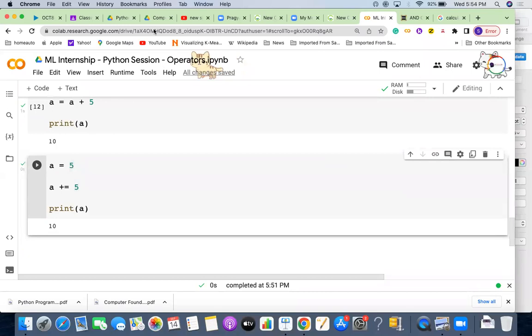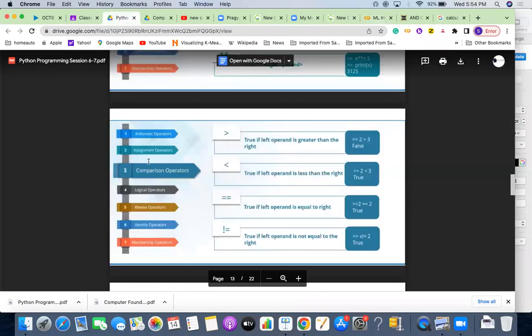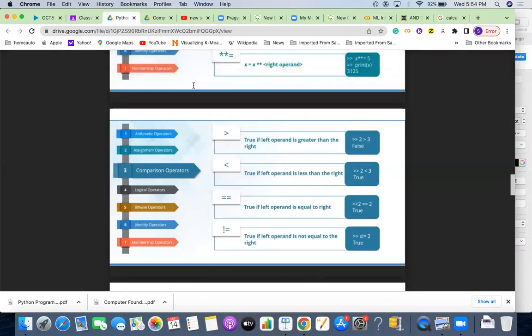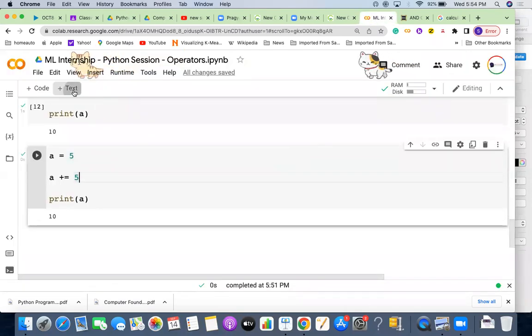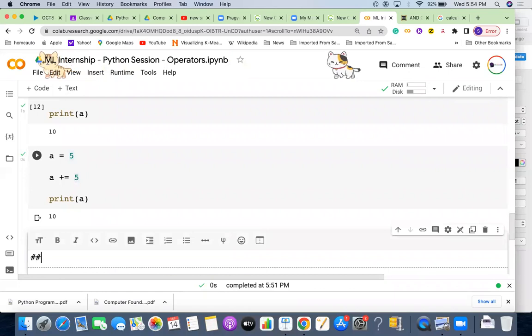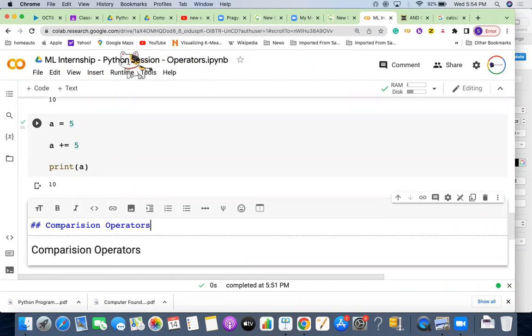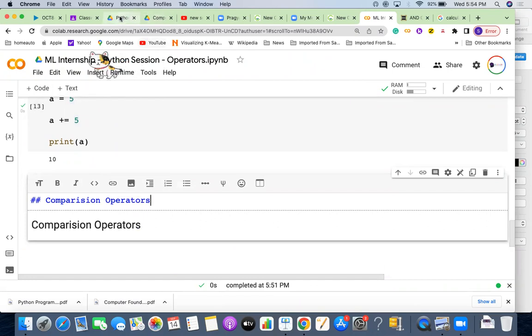Fine. Okay. So now we move to the comparison operators. What are comparison operators? The name itself says it, and if you understand basic English, you understand the meaning. Any question? Okay, which operators are supported in comparison operators?